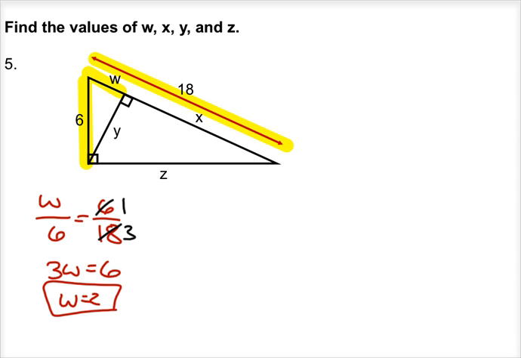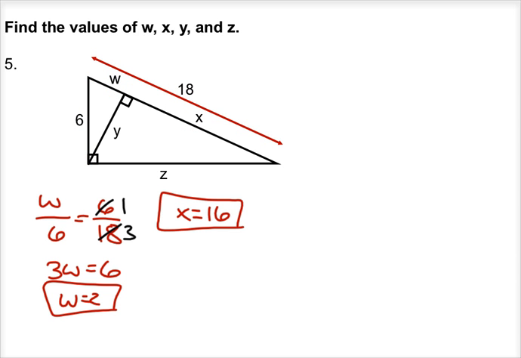And if I come back up to the picture, if w is 2 and the entire length over here is 18, that must mean that x is going to be 16. Now that I know those two, I can use that to figure out y.